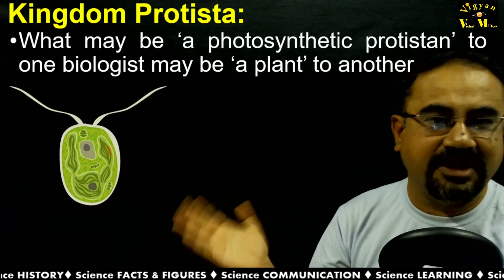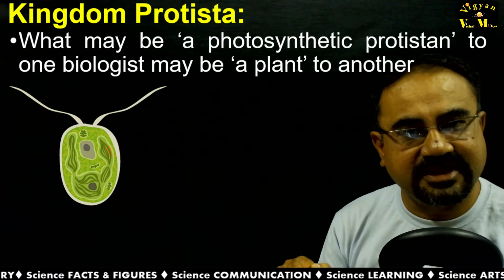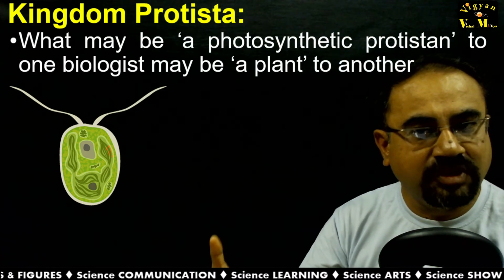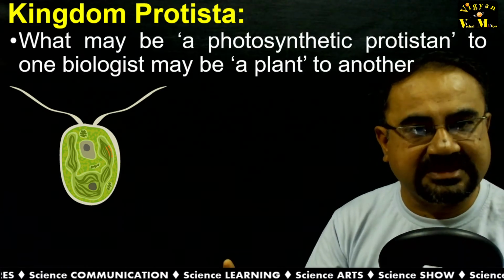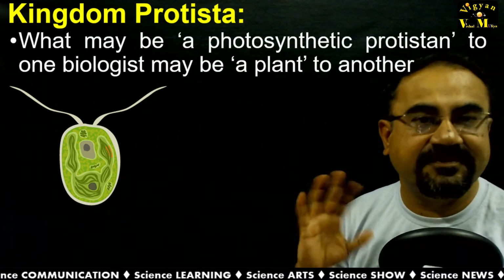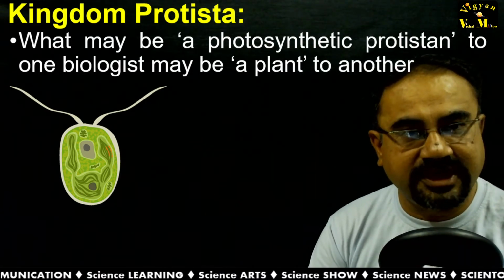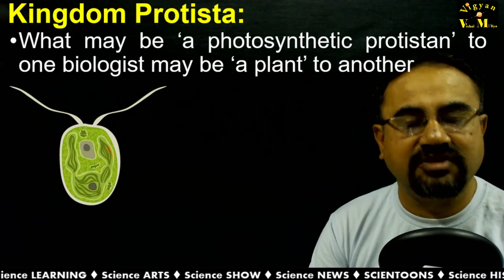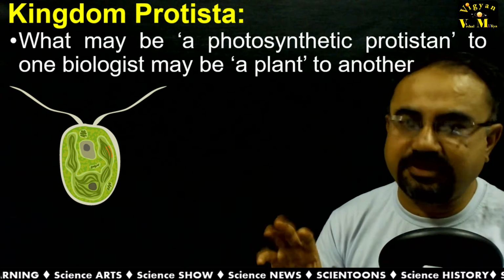Say, for example, Chlamydomonas. Many scientists consider Chlamydomonas a plant belonging to algae, Chlorophyceae, and many others classify it as a photosynthetic protistan member. So there is no specific boundary and there is a lot of mixing in the Protista.